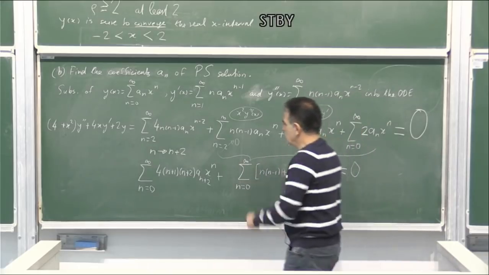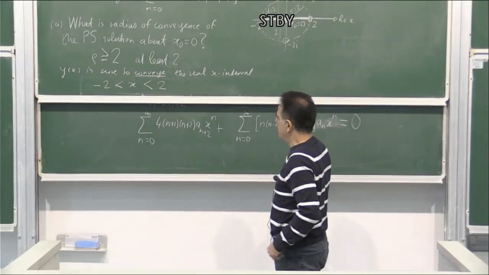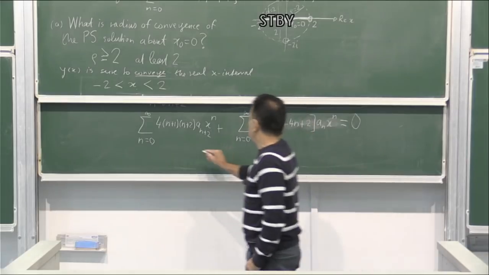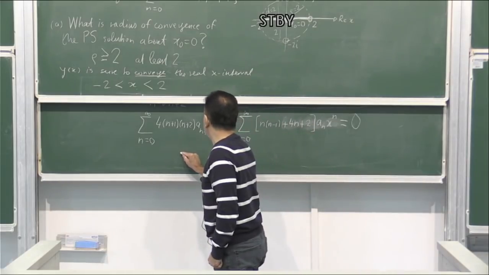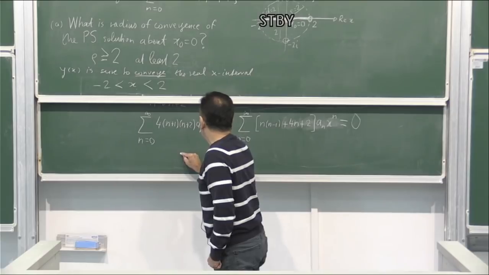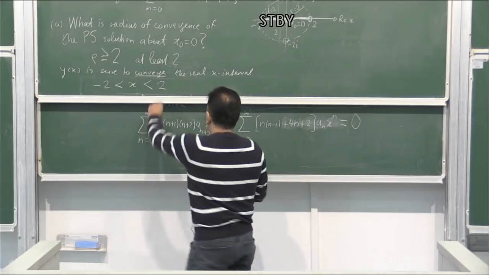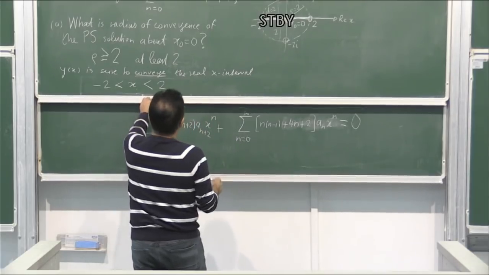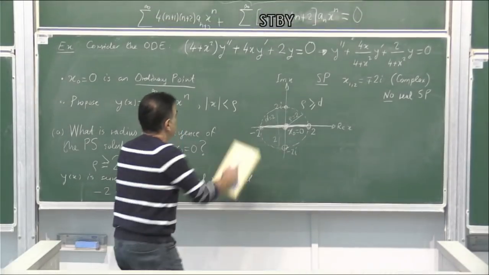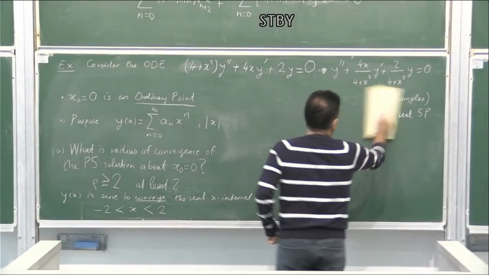So the 2 series are similar. Good. So we can write them under one sigma sign. Now we have, let's write it on another blackboard.